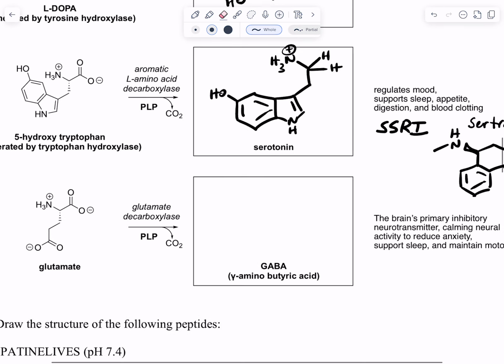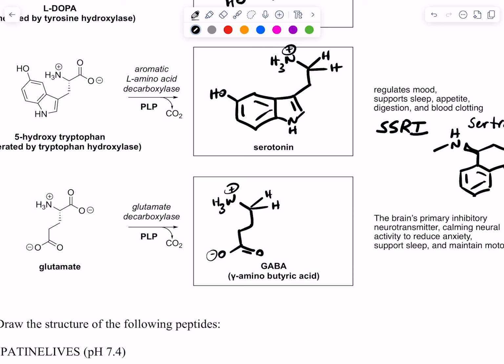Okay, lastly is GABA, gamma aminobutyric acid. And again, once you get it, this kind of question is easy. All you do is you draw the rest of the molecule without the CO2 and a proton in its place, and that gives you GABA.